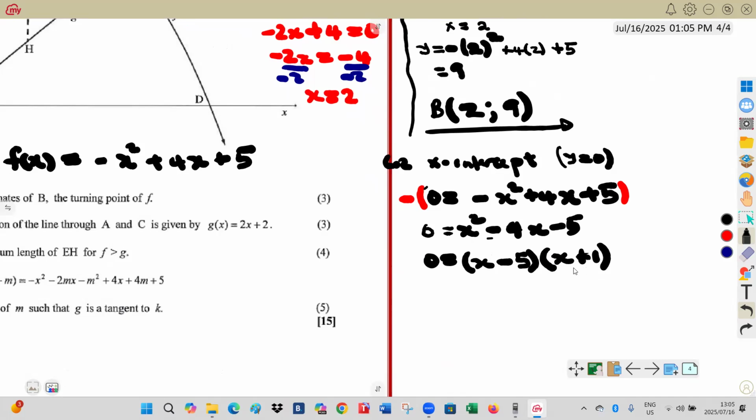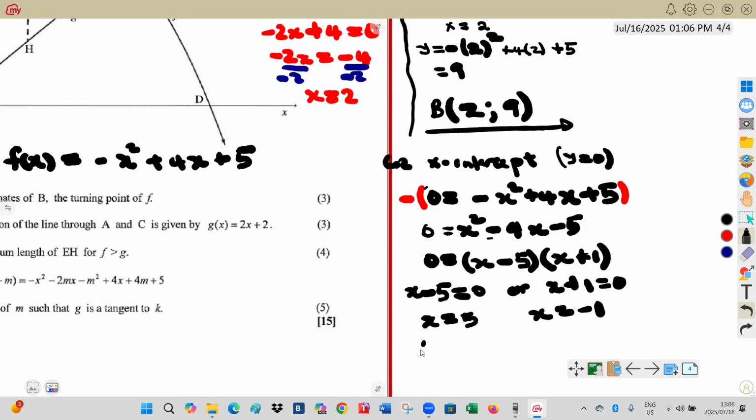Then equate each bracket to 0, either x minus 5 equal to 0 or x plus 1 equal to 0. Solving, our x here is equal to 5, or our x is equal to -1.